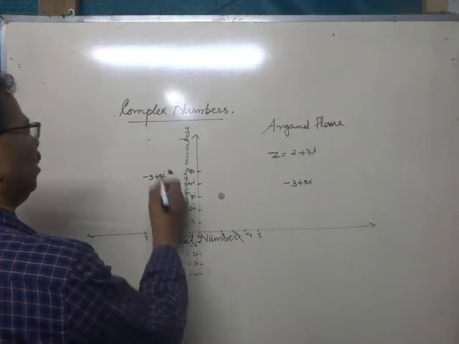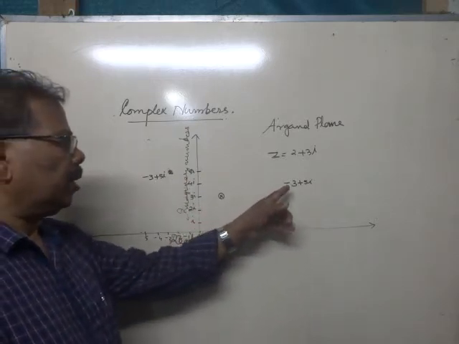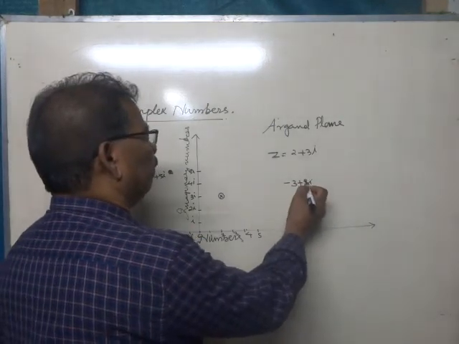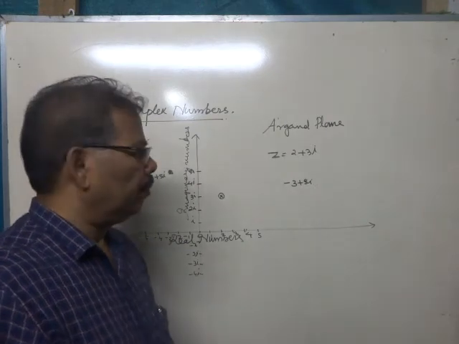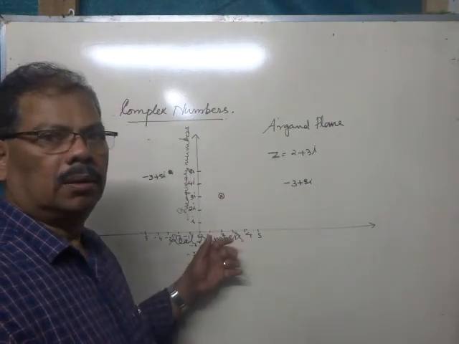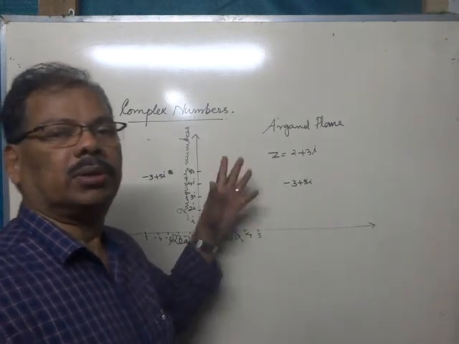This will be the position of the complex number negative 3 plus 5i. Therefore, all the points in the Argand plane will be representing complex numbers.